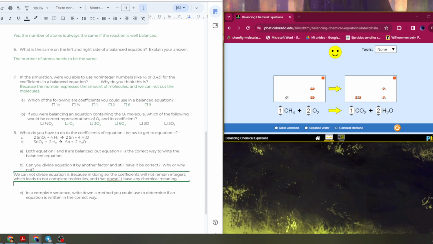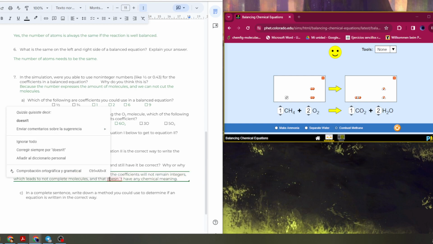Okay, we want this to mean something. If we divide by whatever, it loses the chemical meaning, and we do this in order to have some chemical meaning. Okay. In a complex sentence, ¿por qué no le gusta esto?